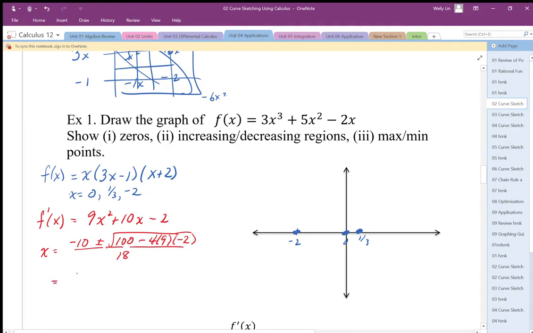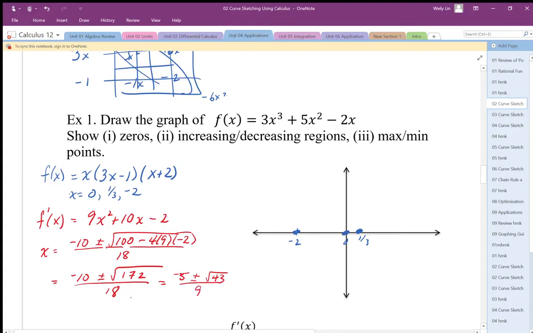Solving for that, I get negative 10 plus minus the square root of 172 all over 18. I can factor a common factor of 4 out of there, so it ends up as 2 on the outside. So I'm going to simplify everything by 2. So I end up with square root 43 in here all over 9.